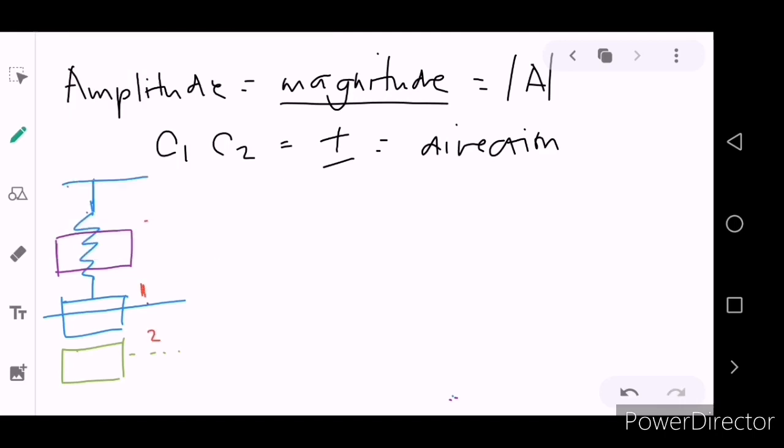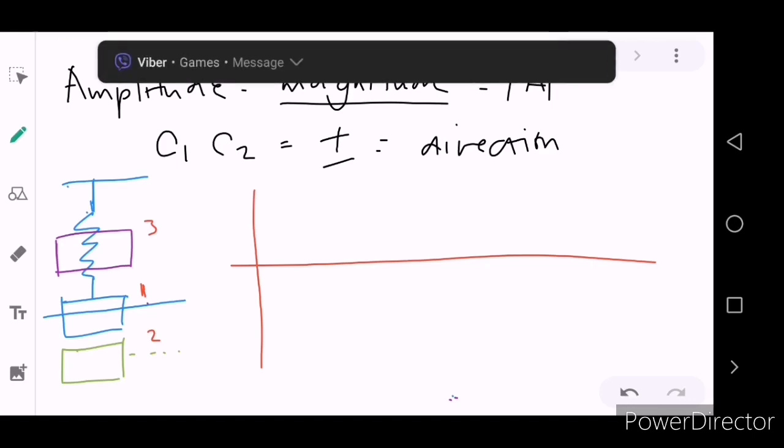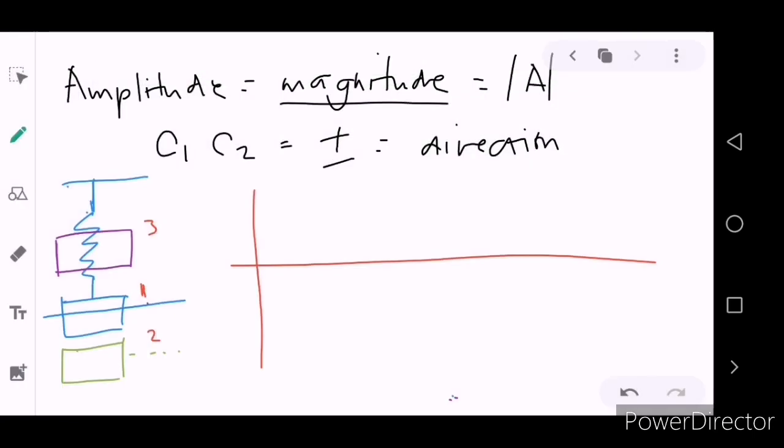Okay, so now, in the first position, second position, third position. On a representation sa ating graph, kapag in-stretch natin siya pababa from the first position down to the second position, meron tayong positive displacement.